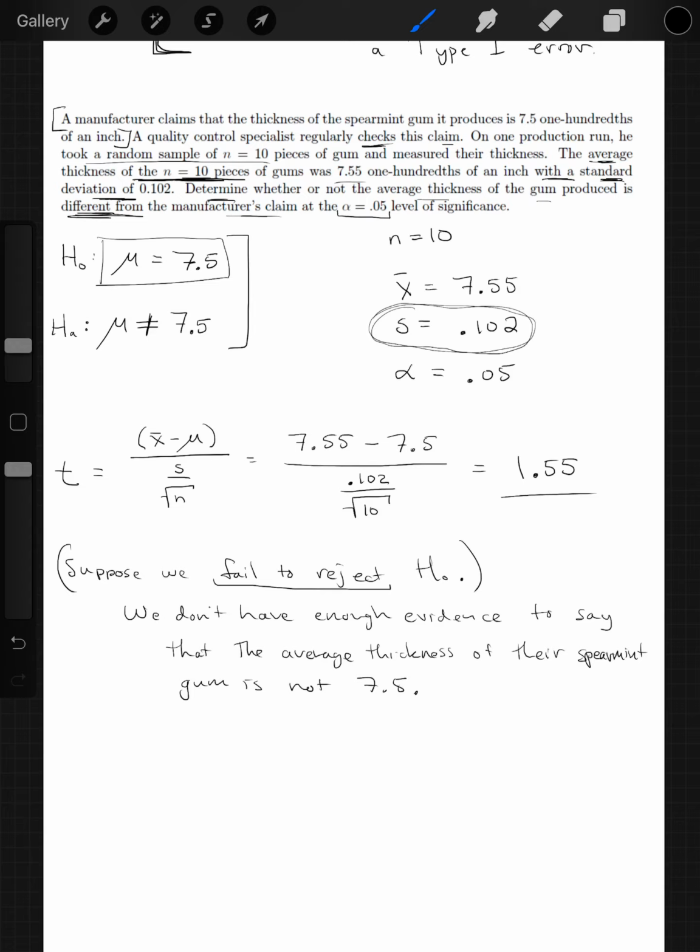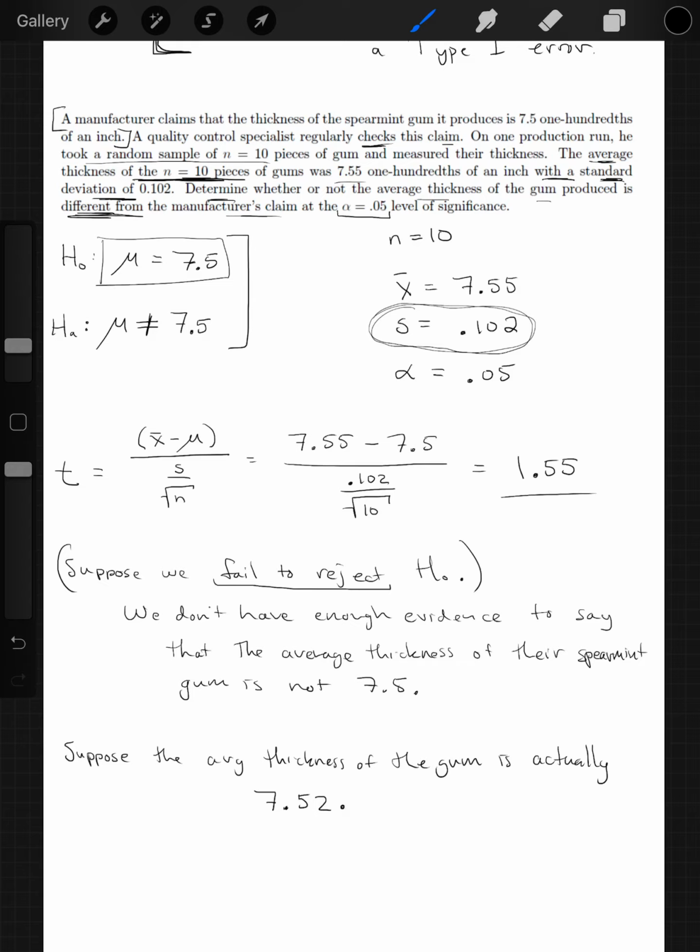Now just to push this a little further, let's say, suppose the average thickness of the gum is actually 7.52, right?